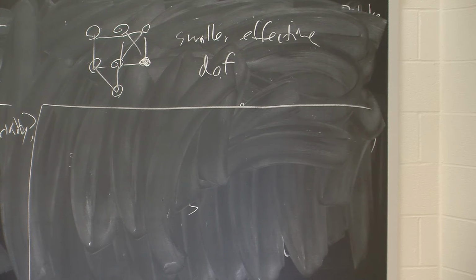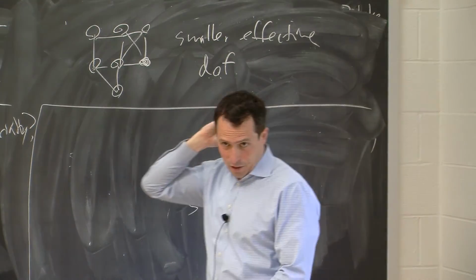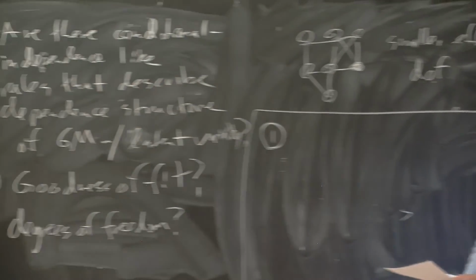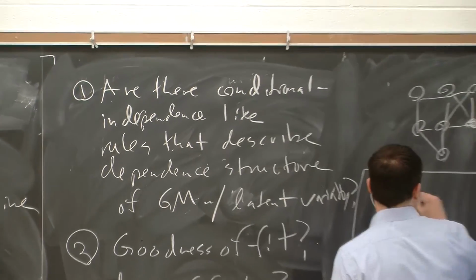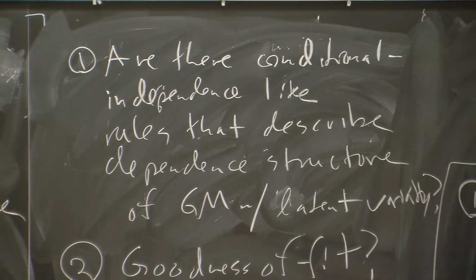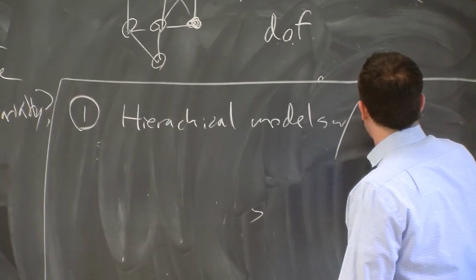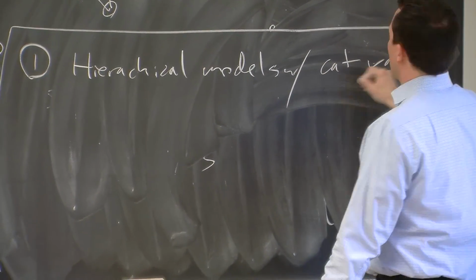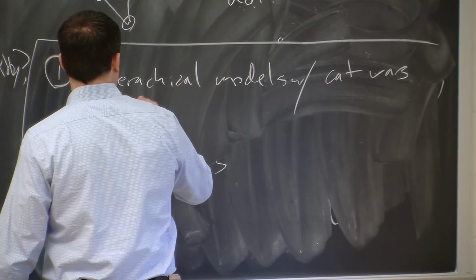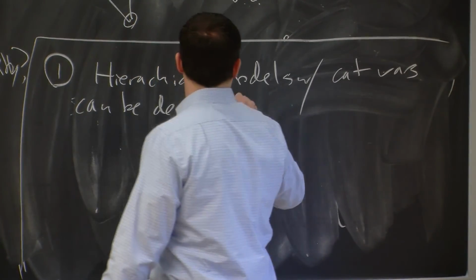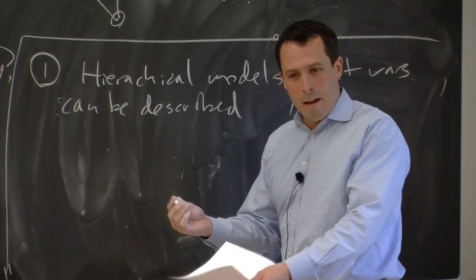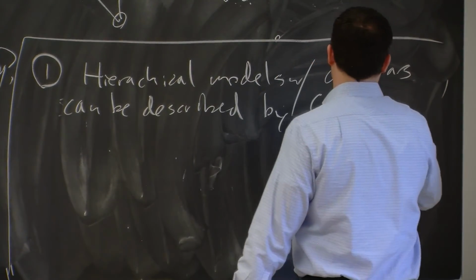Let me say a little bit about how you would go about answering this first question. Without hidden variables, the hierarchical models with categorical variables that we've talked about in this class can be described, provided that all the probabilities are positive, by conditional independence statements.